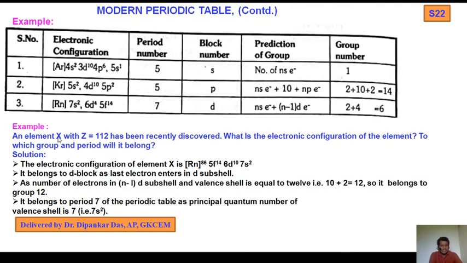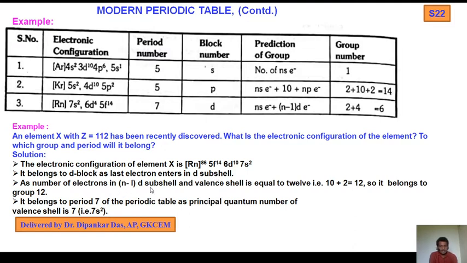So example: an element X with atomic number 112 has been recently discovered. What is the electronic configuration of the element? To which group and period will it belong? The electronic configuration of element X is radon 5f14 6d10 7s2. It belongs to D block as the last electron enters the D subshell, no problem.